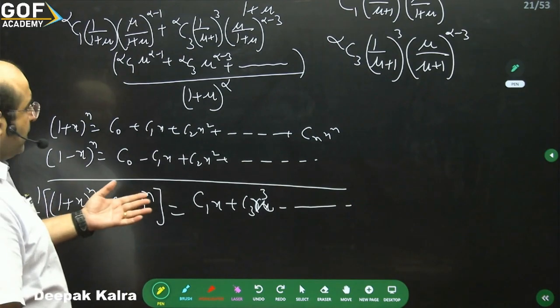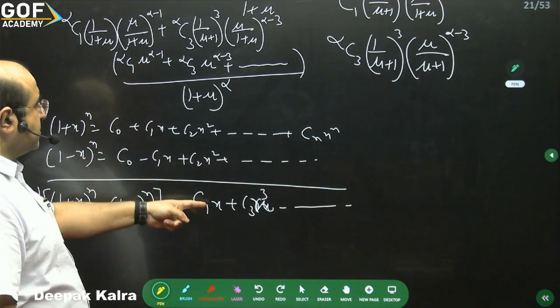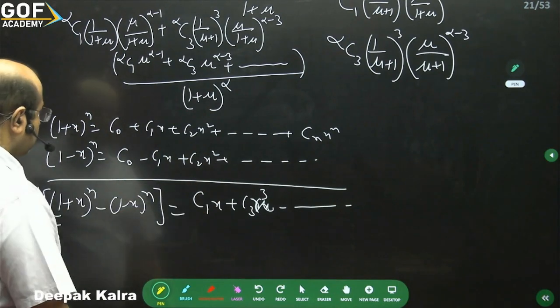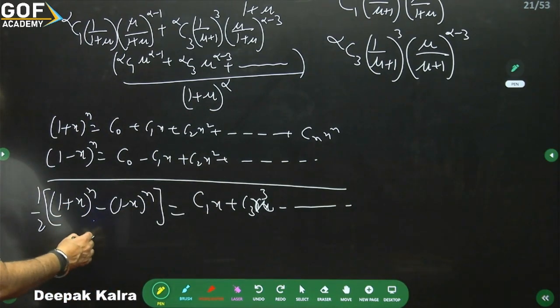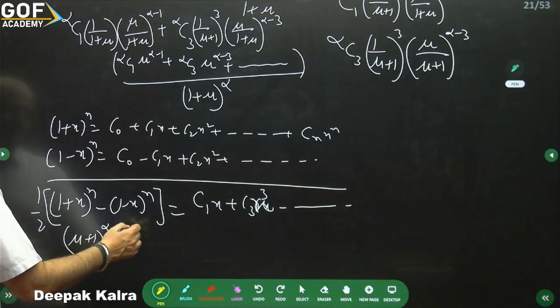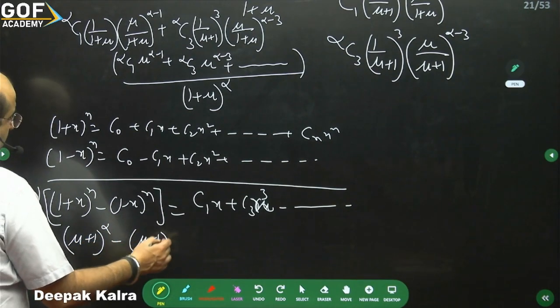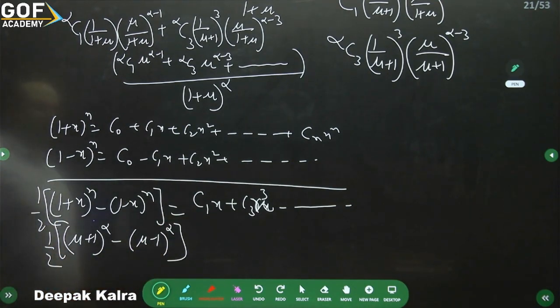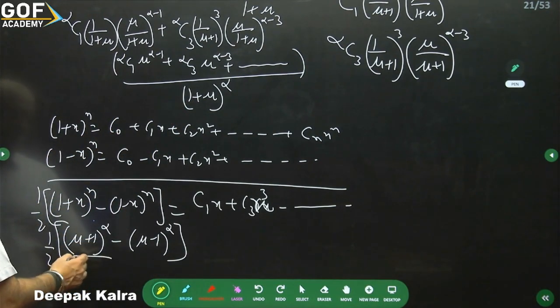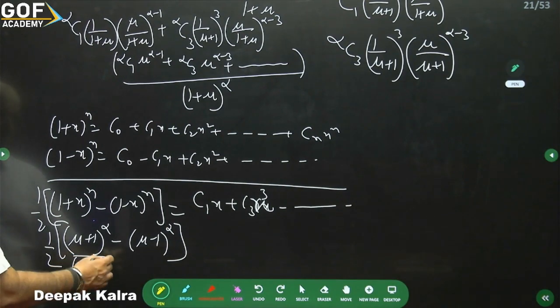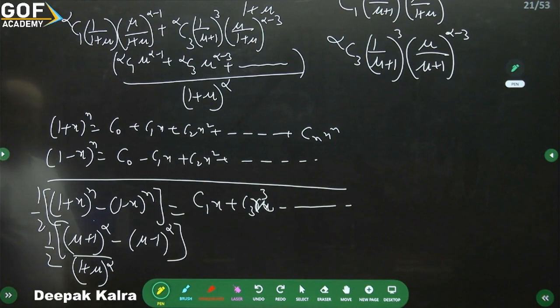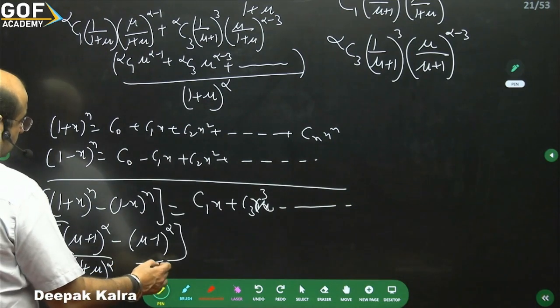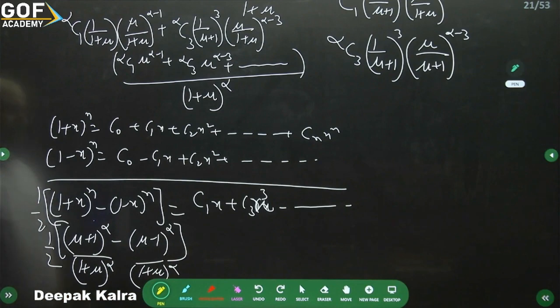So here my x is mu, working as the flipping around you can do. Mu plus 1 raised to the power alpha minus mu minus 1 raised to the power alpha, with half, and then you divide by 1 plus mu power alpha, and you just have to compare now.